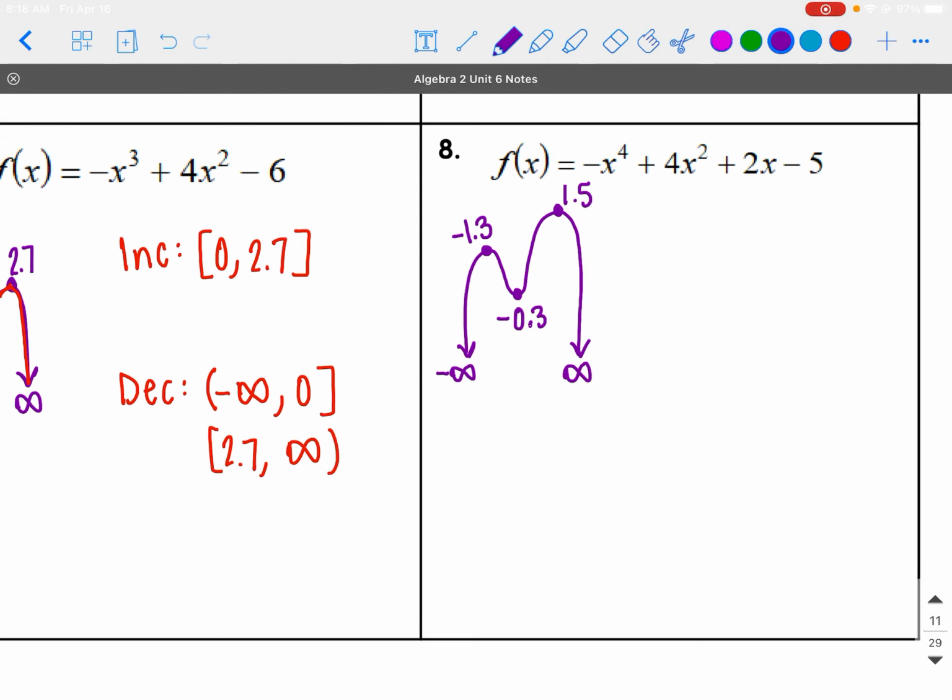Our right side arrow gets positive infinity. All right, so see if you can work this one out. This one has a few more. It has 4 intervals instead of 3.